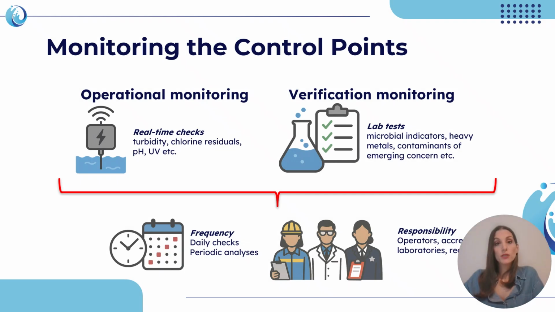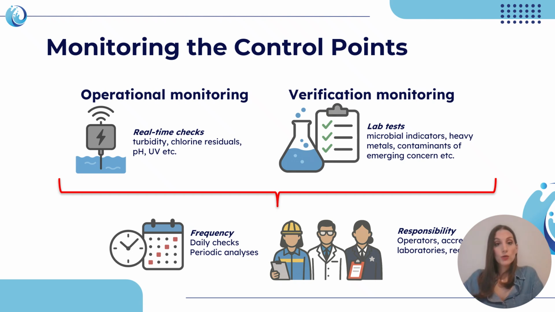Identifying control points is just the beginning. What truly makes them effective is monitoring. We usually distinguish between two main types of monitoring: operational monitoring and verification monitoring. Operational monitoring involves real-time checks, often using sensors to confirm that the system is working properly.